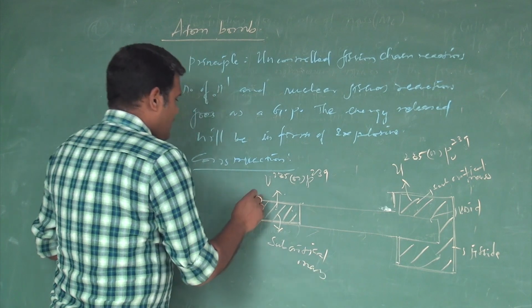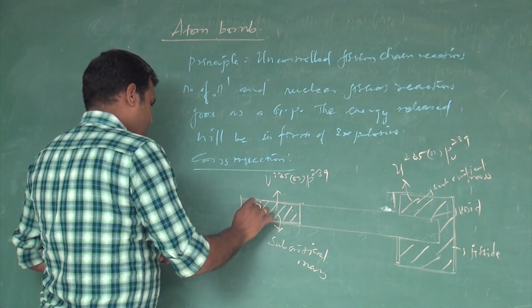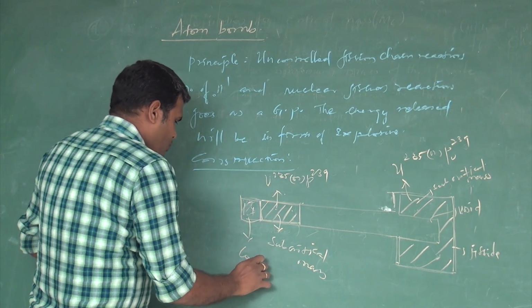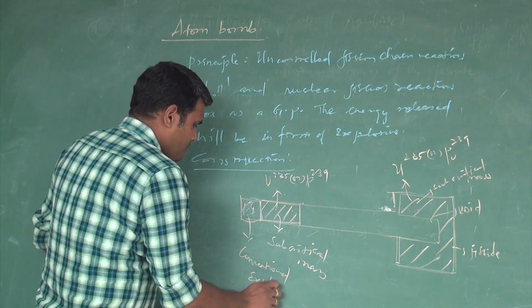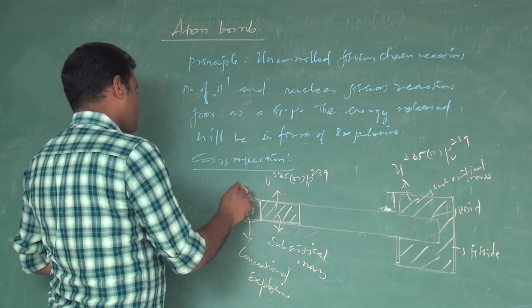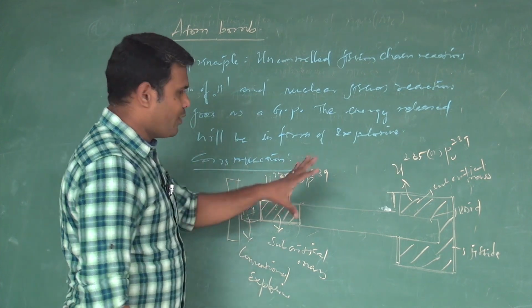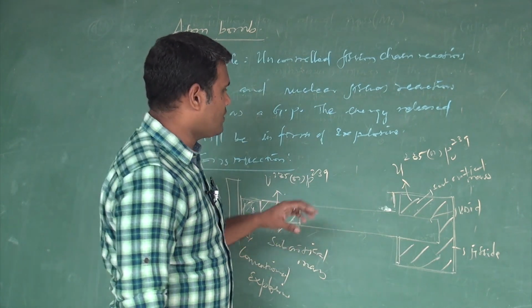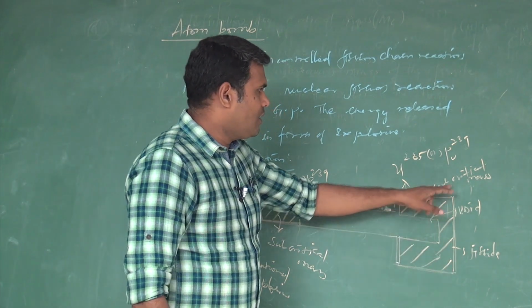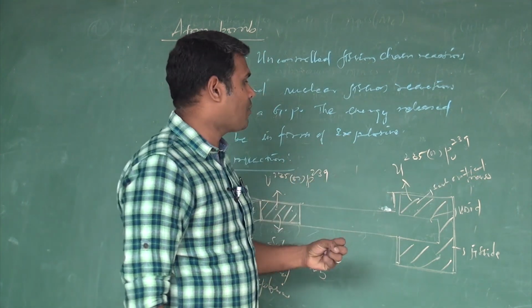And there is some kind of explosion. A conventional explosive is there. So we can say here there is a fissile material which is taken in the form of a subcritical mass.